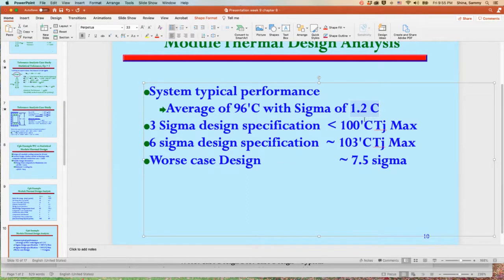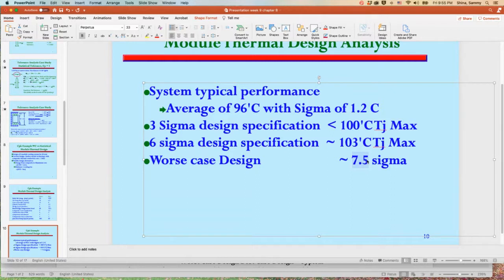If we do a 3 sigma design, we get 100 junction temperature of the transistor. If we do a 6 sigma design, we get a 103 temperature, and I'm going to have a homework like that. And then the worst case design, which is what we have right now, is 7.6.